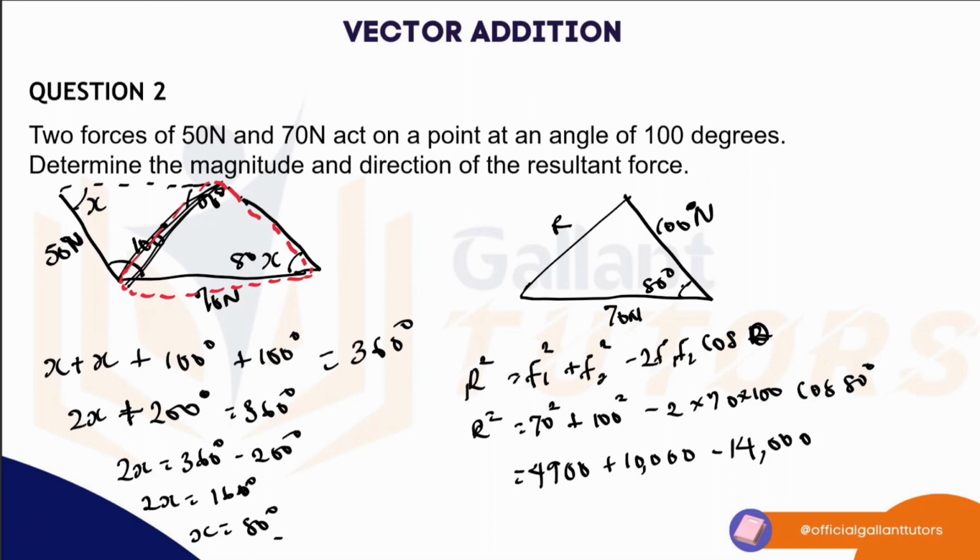And cos 80, no shortcut, you have to use your calculator, will give you 0.1736. Is that clear? So I have here 14,900 minus 14,000 times 0.1736, which will give you 2,431.07. That's what is resulting.